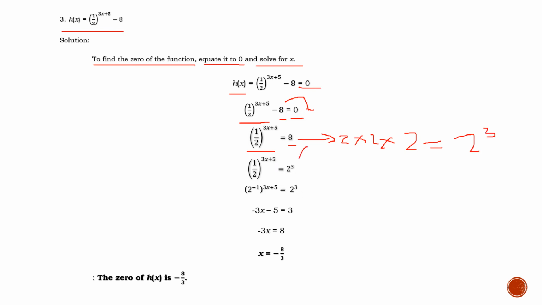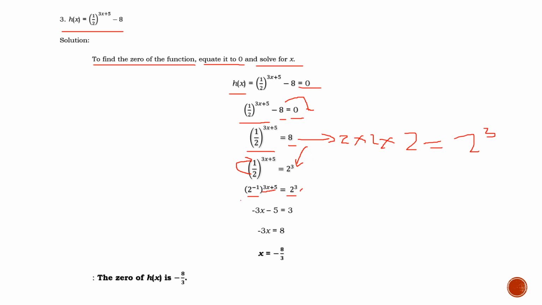That's why your 8 here becomes 2 raised to 3. Now, since your 2 is in your denominator, we transfer this 2 from the denominator to the numerator by multiplying the exponent of 2 by negative 1. So it becomes 2 raised to negative 1, raised to 3x plus 5, is equal to 2 raised to 3.